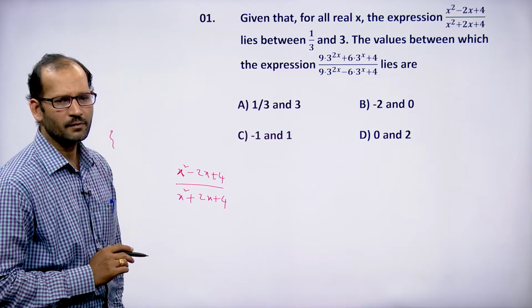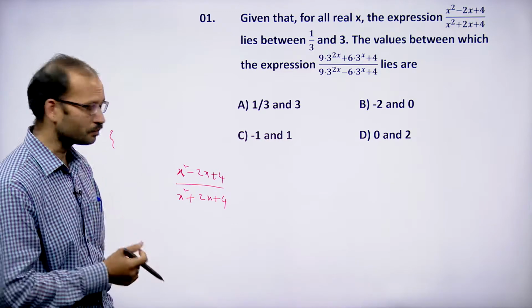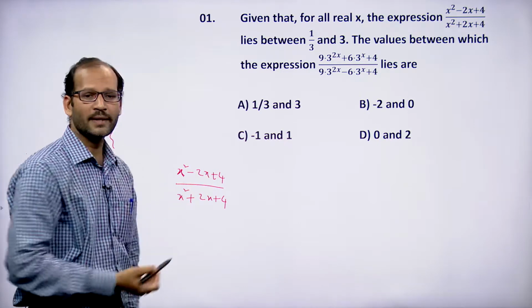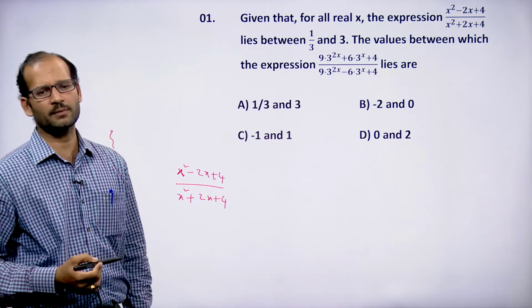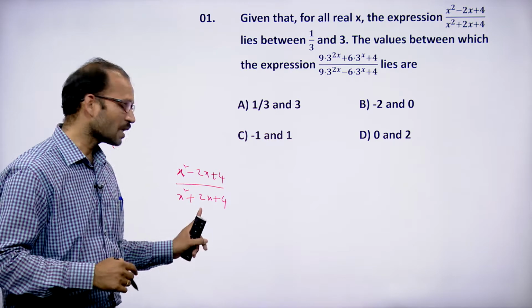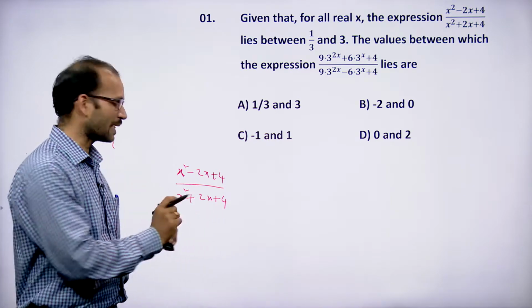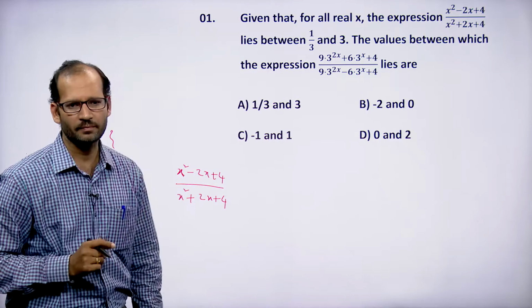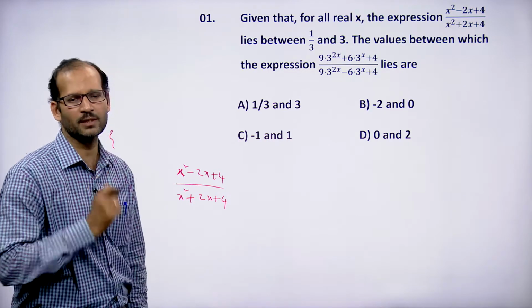Now if you observe this rational expression, numerator is a quadratic expression, denominator is also a quadratic expression, and both are the same quadratic expressions, only the sign changes in the coefficient of x. Yes or no? Minus 2, denominator plus 2.